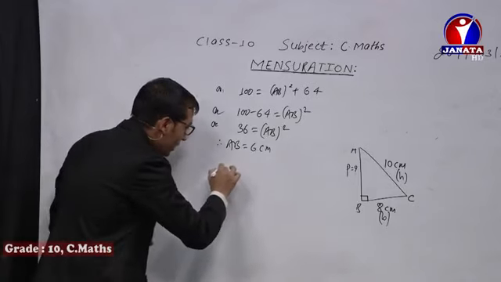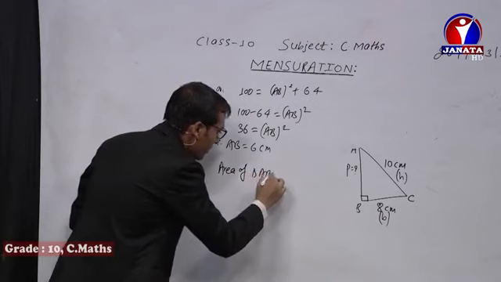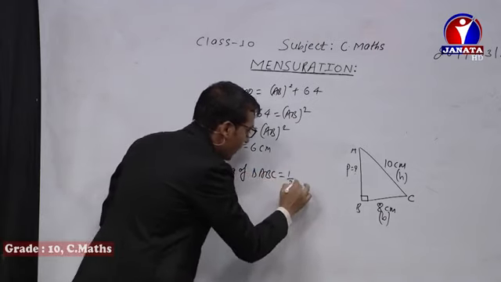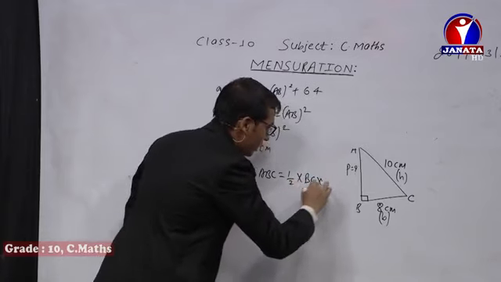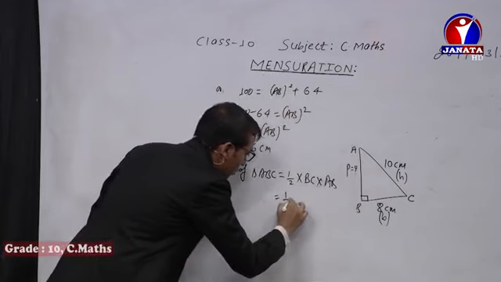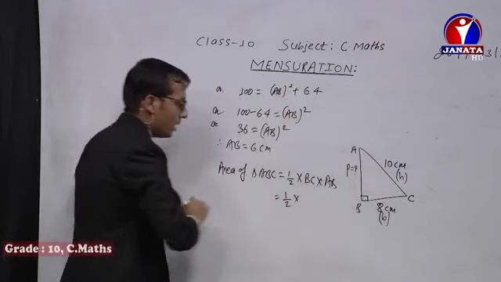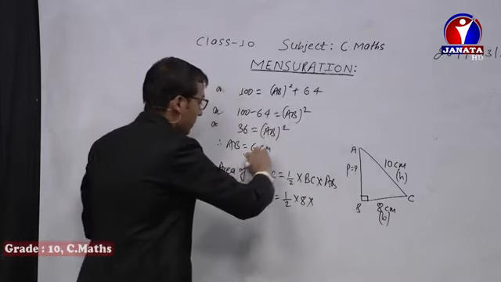So therefore the area of triangle ABC is 1 by 2 times base, here base is BC, times what is height? AB. So we know the measure of BC, it's 8, times what is AB? AB is 6.